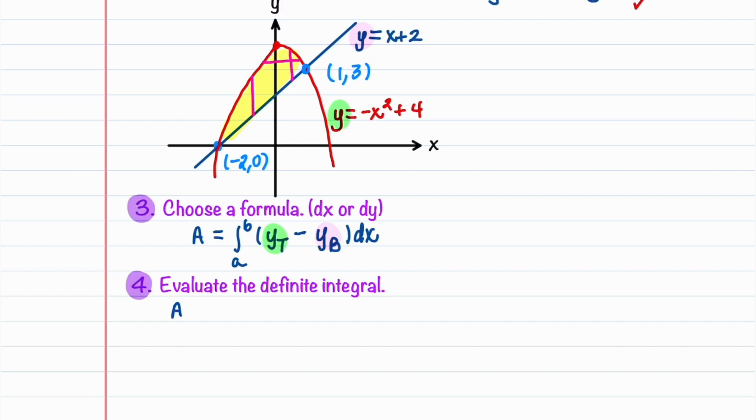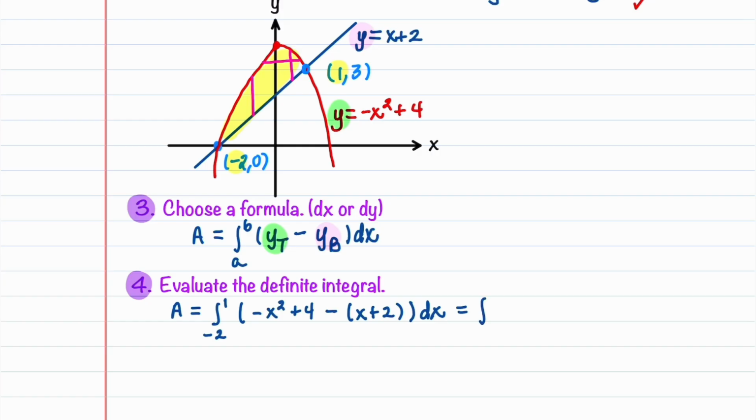Our area is the integral from x is equal to -2 to x is equal to 1 of our curve on the top, which is minus x squared plus 4, minus our curve on the bottom, which is x plus 2, and then we have our dx.